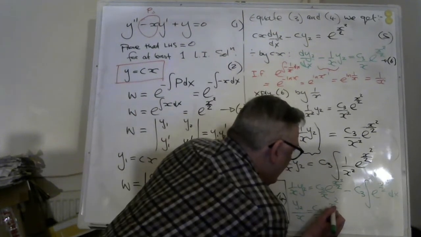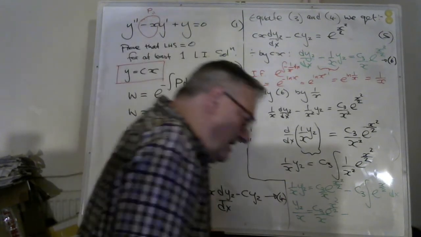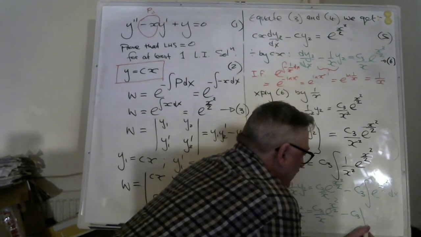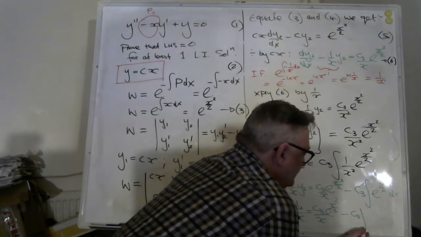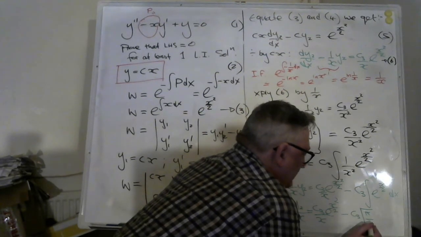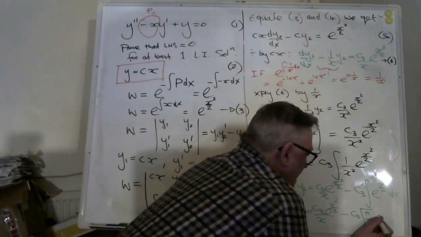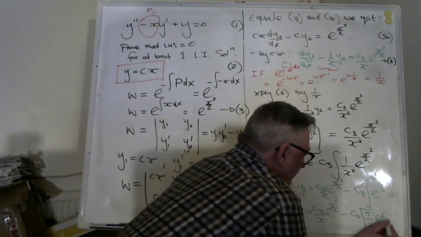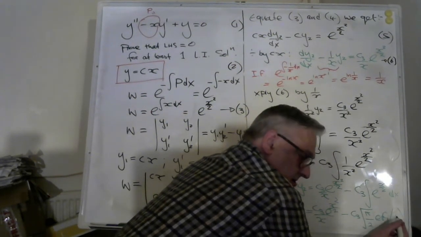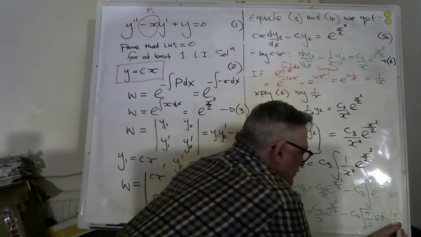If I can write it more neatly, and we're minus c3, the square root of pi over 2 times the imaginary error function, and so that would be x over root 2.